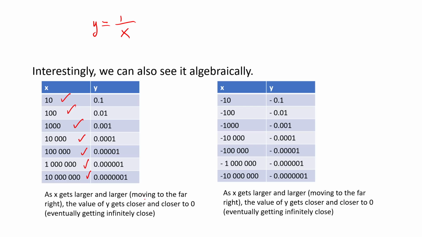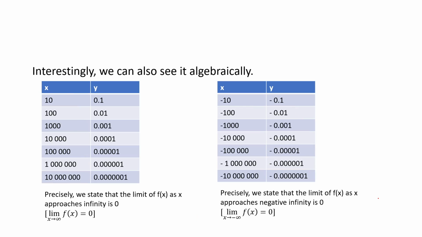So as x gets larger and larger, moving to the far right, the value of y gets closer and closer to 0, eventually getting infinitely close. It works the other way too. As the magnitude of x grows, let's look at the right-hand table of values, as the magnitude of x grows but is negative, the value of y is getting closer and closer to 0. Okay? Like it says down there.